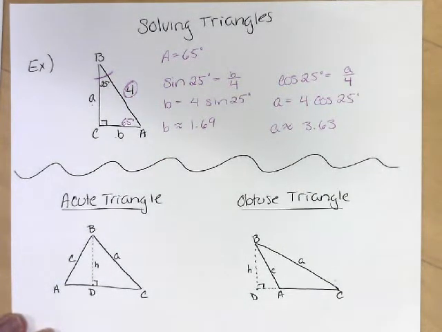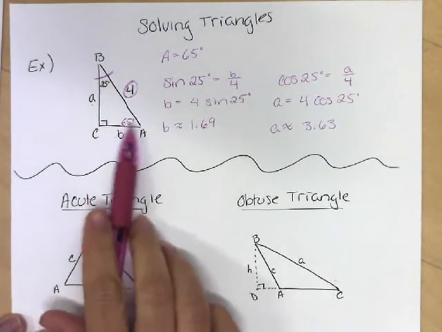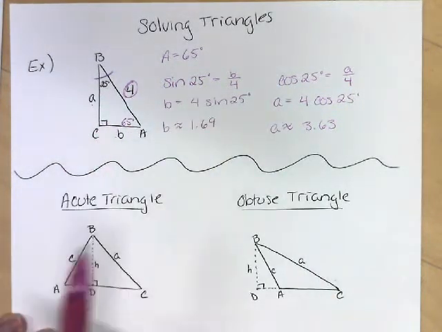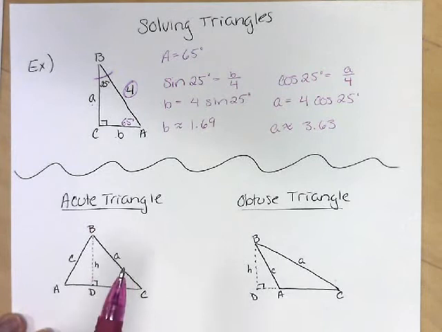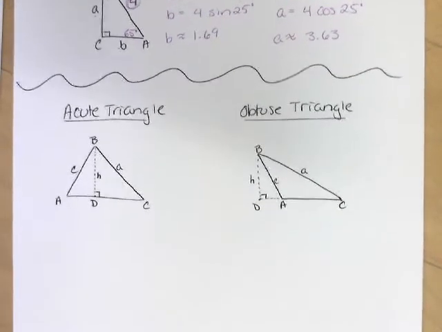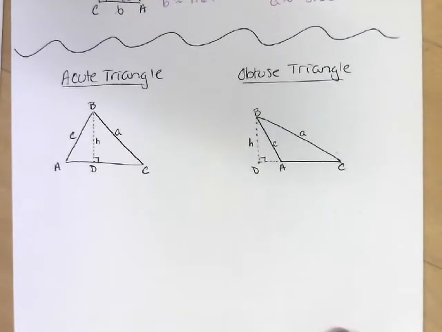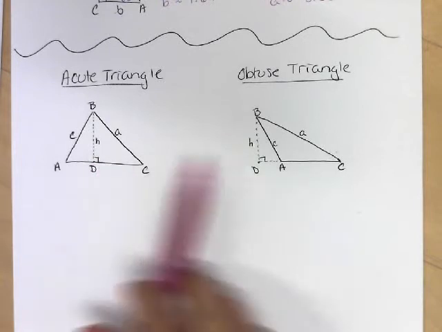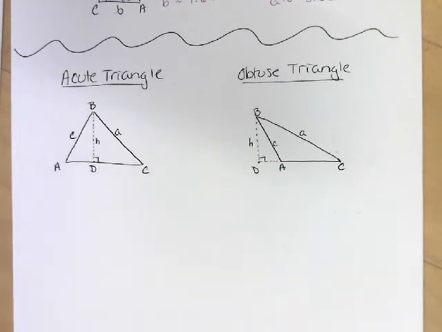So this is just a quick review, recognizing that we can solve any right triangle using your trig function: sine, cosine, sometimes tangent. And now we want to take a look at other triangles, because obviously not all triangles are right triangles, and we'd like to be able to solve acute and obtuse triangles as well.